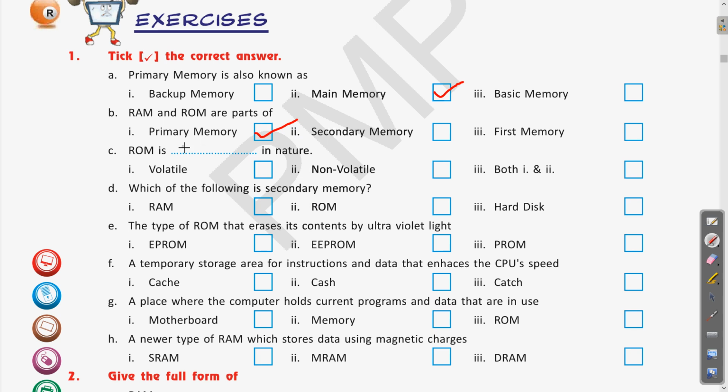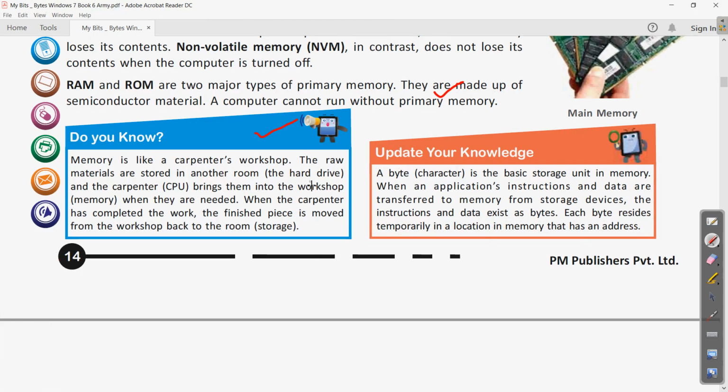Third is 1C. The ROM is dash in nature. Volatile, non-volatile, both 1 and 2. So what is the nature of the ROM? ROM is the read-only memory which is used for permanent storage. We have already seen this. If you want to check it, you can check it on page number 17, I think. Let us come to page number 17.